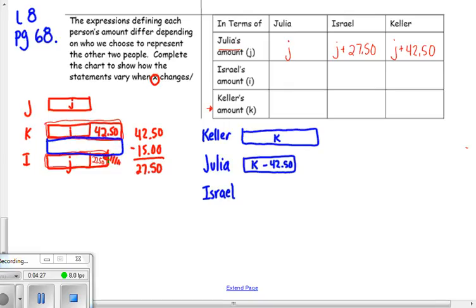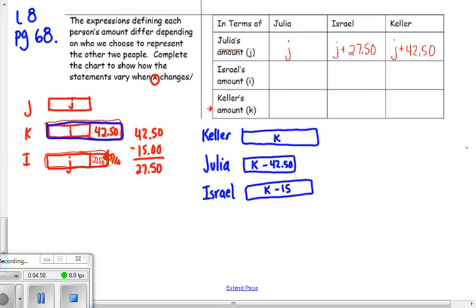We know that from the previous page when we read the problem. So Israel's is $15 less than Keller's. So it's going to be smaller than Keller's, a little bigger than Julia's. Israel earned $15 less than Keller.